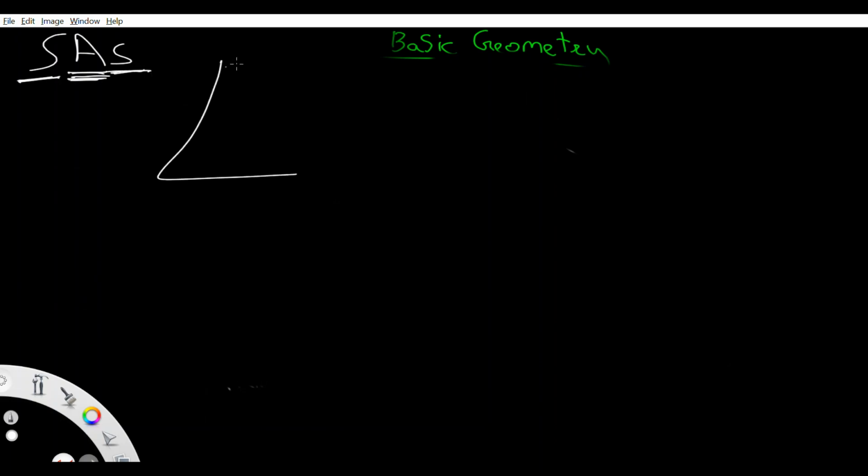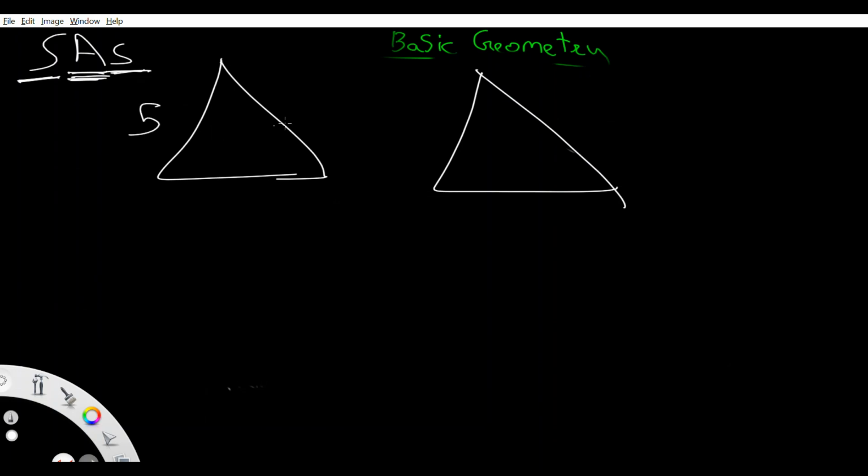For example, if I have two triangles and this side was 5, this side was 6, this side was 5, this side was 6, and if these angles were the same, only then this theorem applies and they are congruent. Two sides, and the angle has to be in between them. It cannot be 30 here and 30 here, where there are two sides and one angle that is equal. That's not how it works. It has to be in between those two lines.